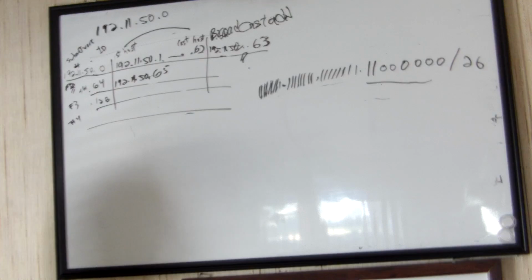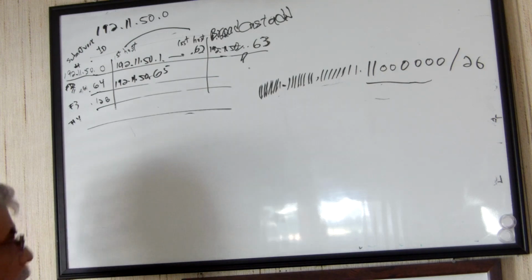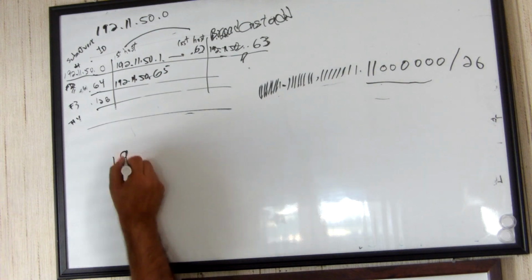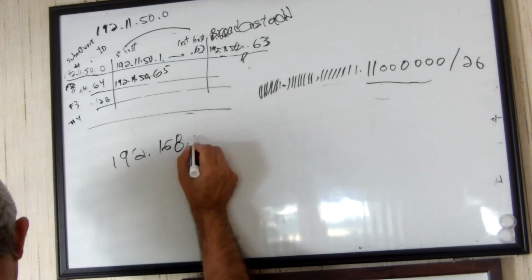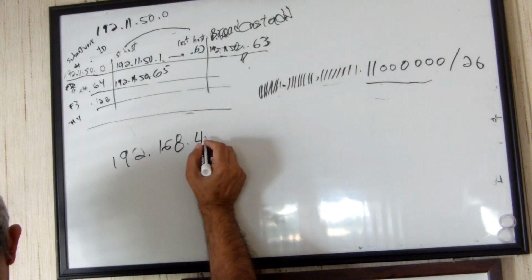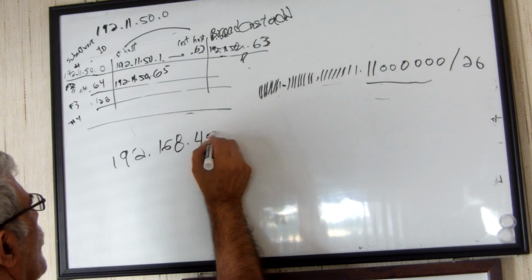There might be some question where they say how many subnets and how many hosts per subnet can you get from the network. They give you a network 192.168.40.50.